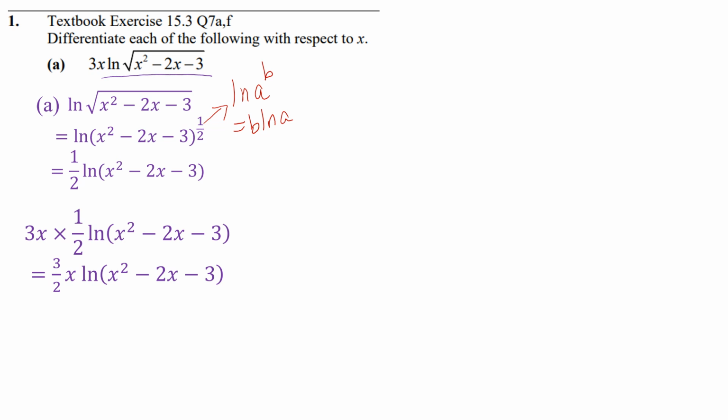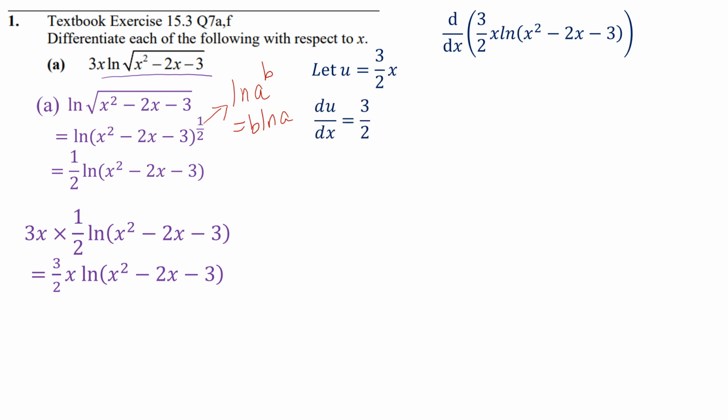Then the next step is I can differentiate that by using the product rule. We can let u be 3 over 2 x, and v. So when u is equal to 3 over 2 x, du over dx will be just 3 over 2. And we can let v equal ln bracket x squared minus 2x minus 3.